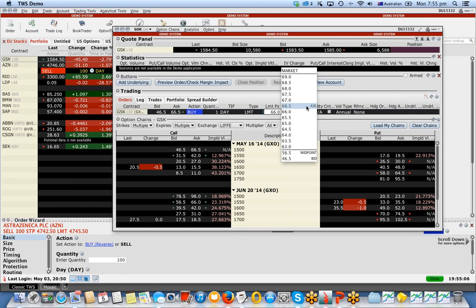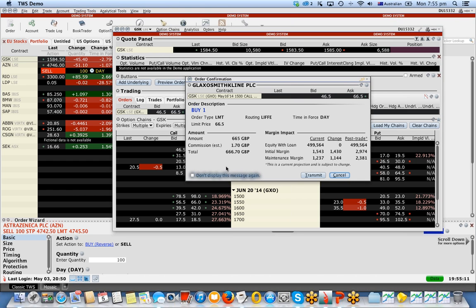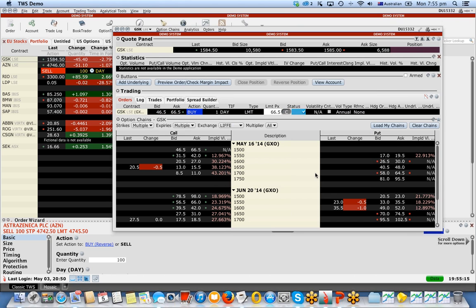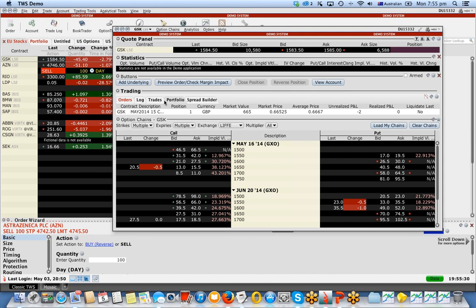So you are buying and you're happy with ask. Okay, no problem. You just click T. You will see how much it's worth, how much you need to pay for that, and go transmit. Okay, done. Your order is completed. It has been filled, and you can see this through the account, through the trading log, and you can click here directly on portfolio.